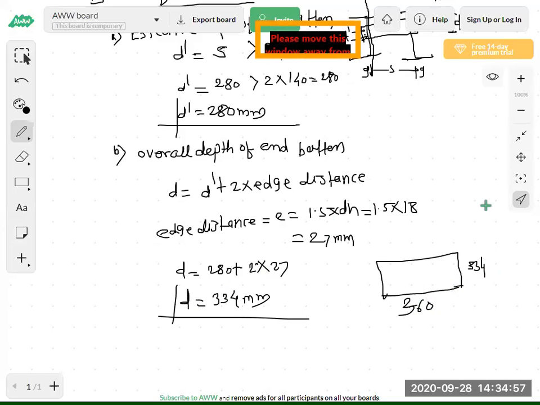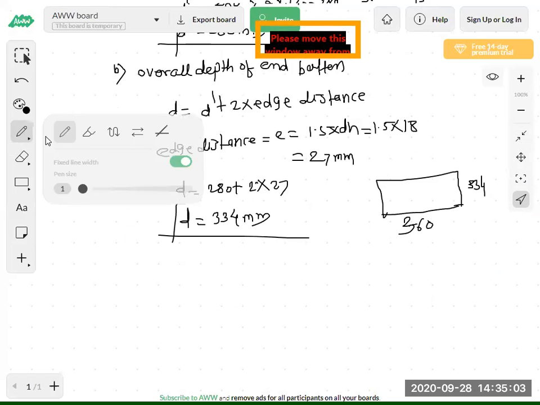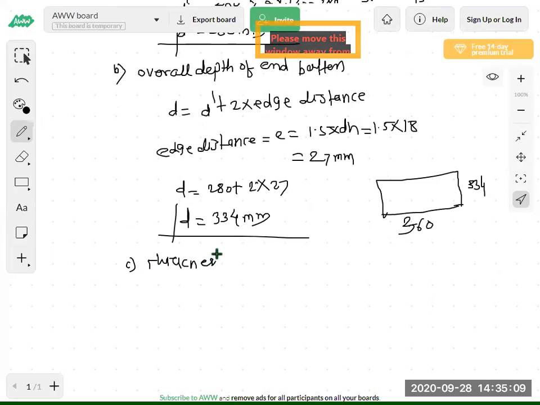The thickness we have to calculate for this. Okay, now small t, thickness of end batten. So how to calculate thickness? t is equal to 1/50 into horizontal length.